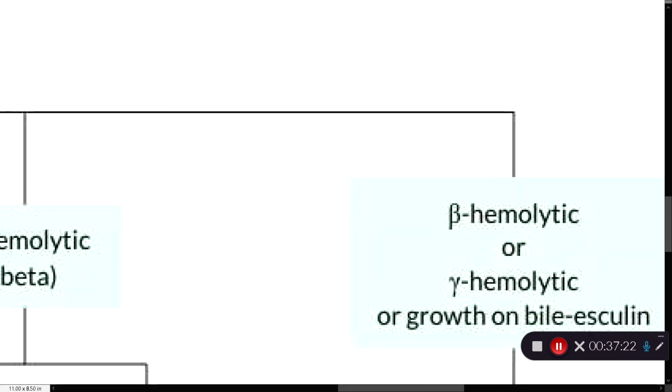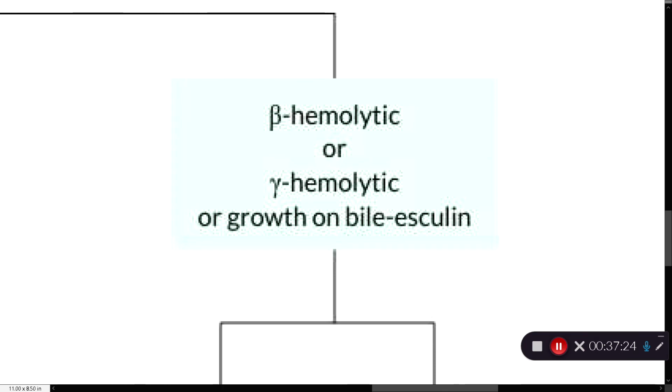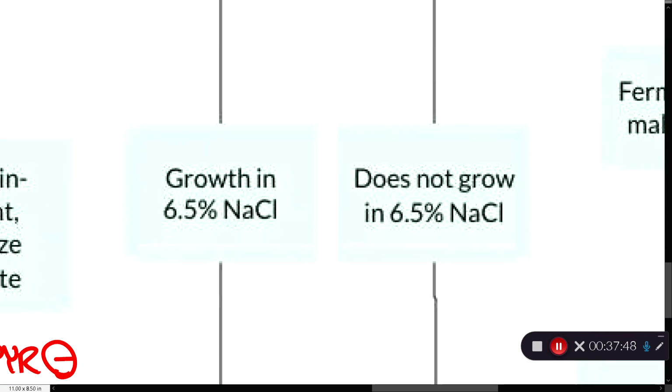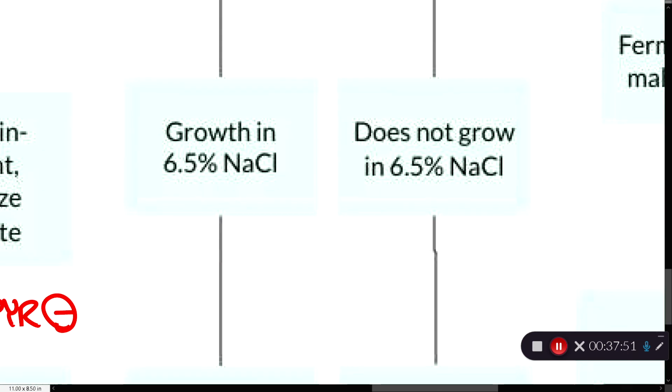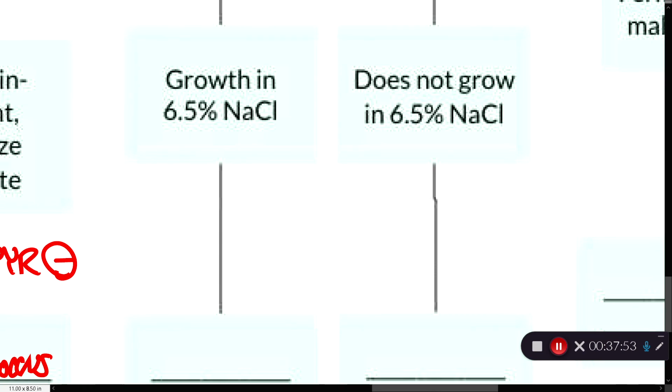Next, last but not least, if the hemolysis pattern is variable, that means you might see beta hemolysis, gamma hemolysis, depending on the conditions. And you can also check for growth on bile esculin agar. It could be the remaining two of the last group of strep.